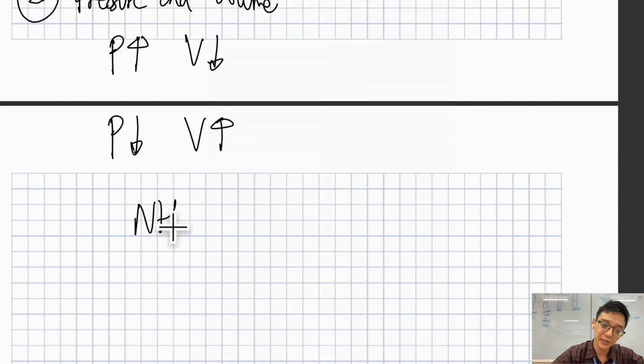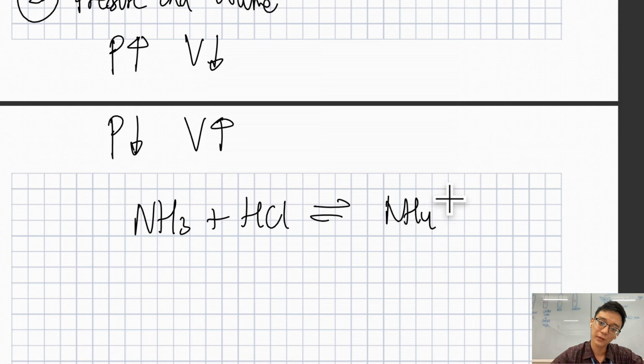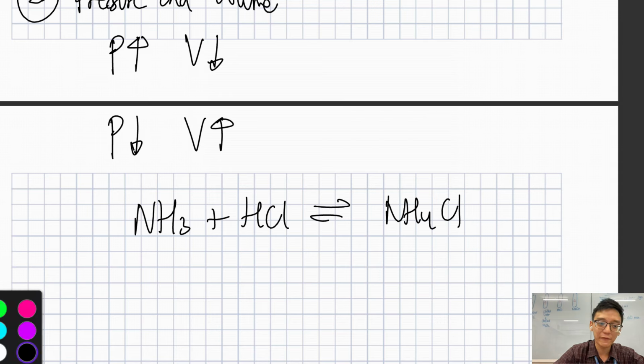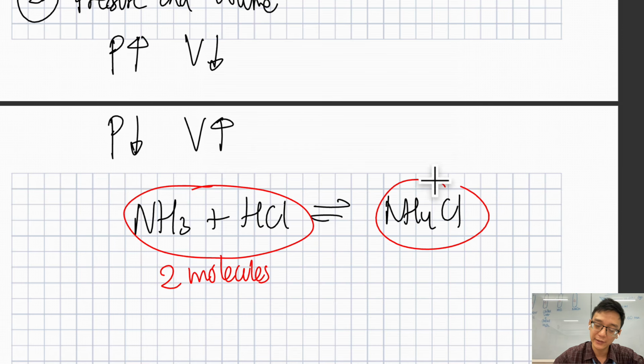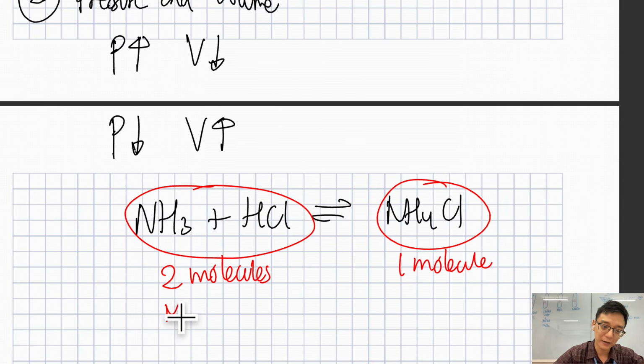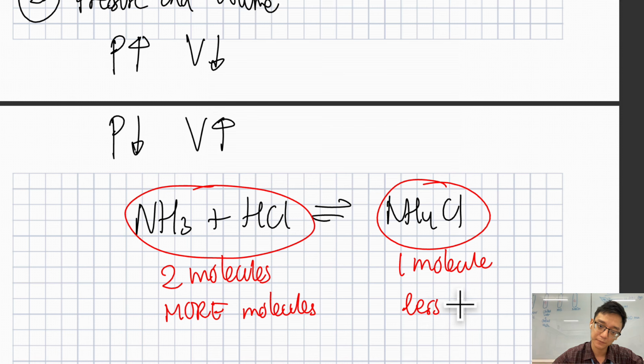So in this reaction, we have to evaluate the number of molecules. On the left side, there are 2 molecules, right? And on the right side, only 1 molecule. So it means that on the left side, there are more molecules, while on the right side, fewer molecules.